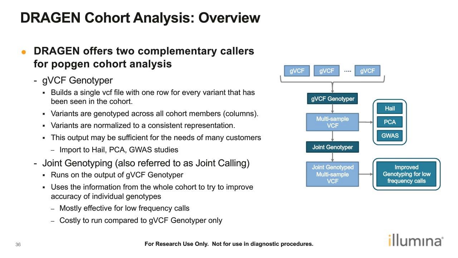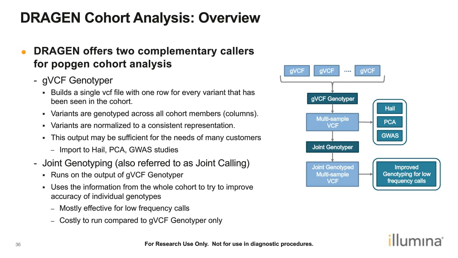For high frequency or the high coverage regions, what we've realized is that there is sometimes none or even worse scenarios where you can see that the calls get worse as you start to genotype across a large cohort for the high confidence regions, because if you have enough coverage, the calls that you get in that region are good enough. But what we have seen is that if you are trying to use this in areas of low coverage, then there is benefit to doing that.